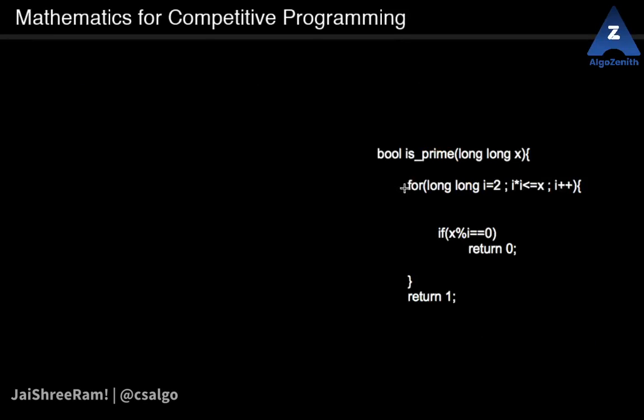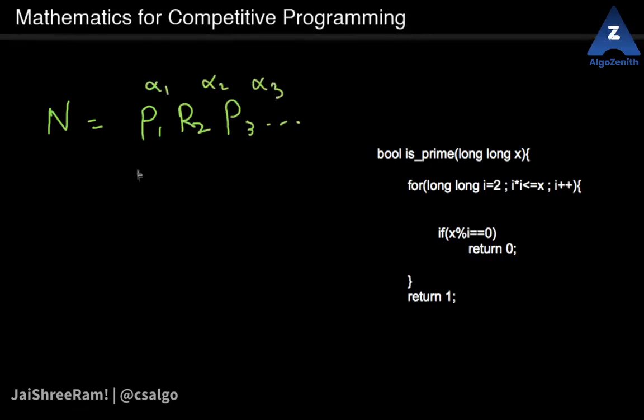We can have a method isPrime which, given a number x, can find out whether it is prime or not in root n time. Let's say there is a number n, and it's not a prime. Then it must have prime factors p1, p2, p3, and so on, to the powers alpha 1, alpha 2, and alpha 3.